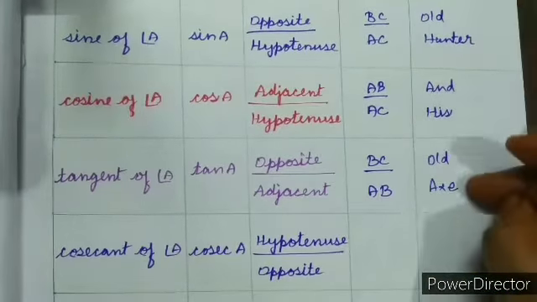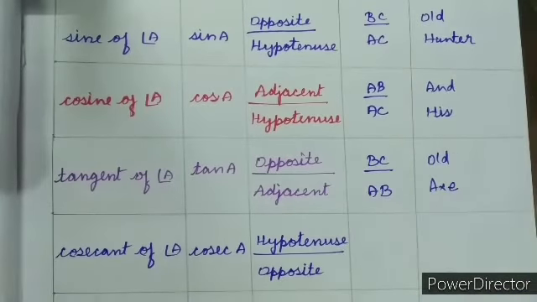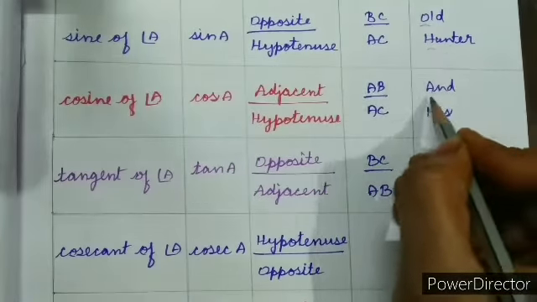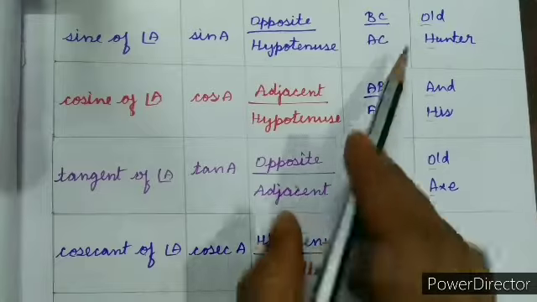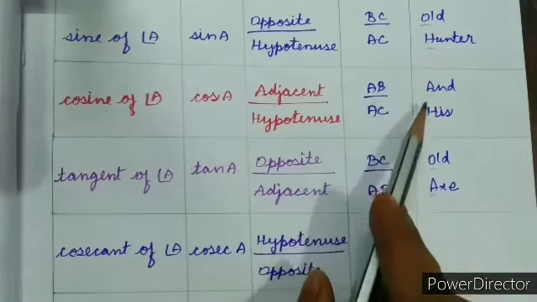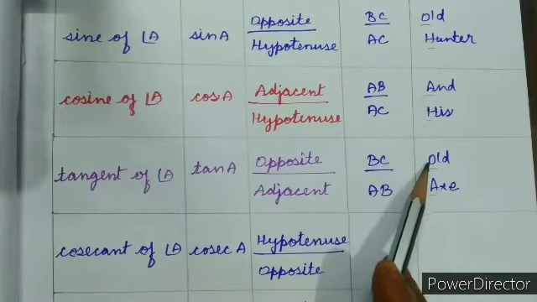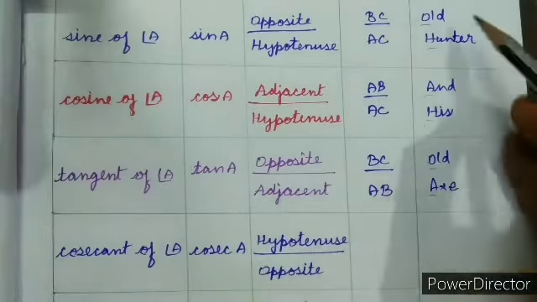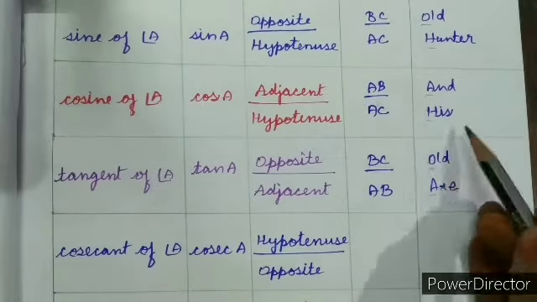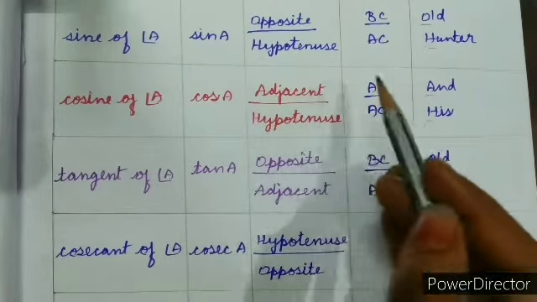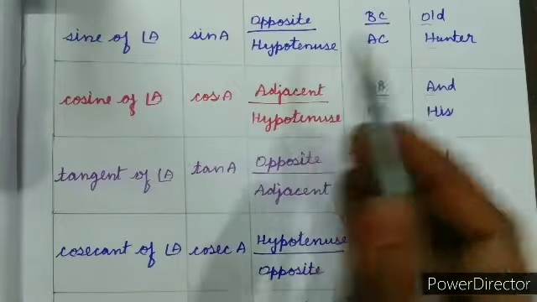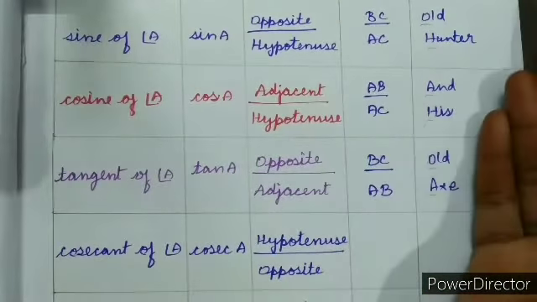You can just remember this phrase, and with the first letters you can get the trigonometric ratio values. This is opposite by hypotenuse, adjacent by hypotenuse, opposite by adjacent. Just remember the phrase, and the first letters give you the way by which you can get the ratio values easily.